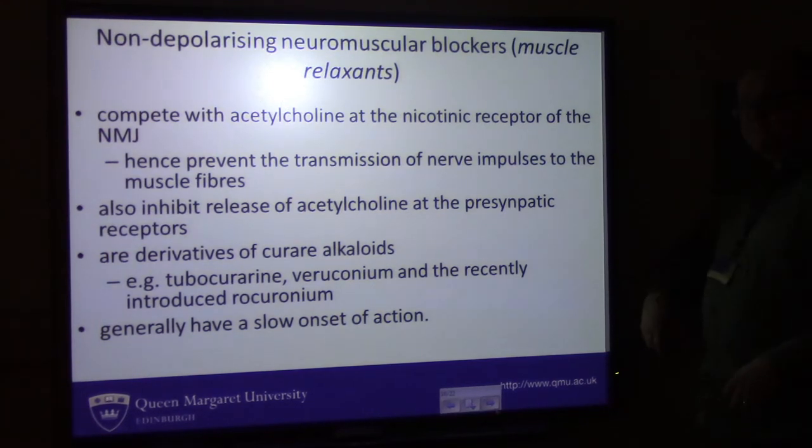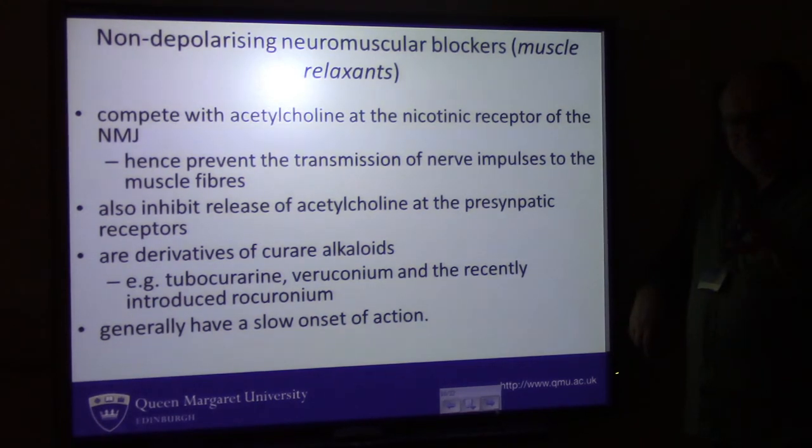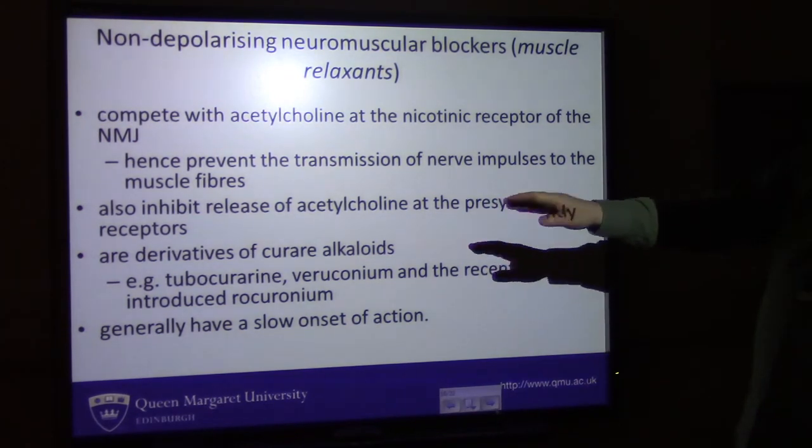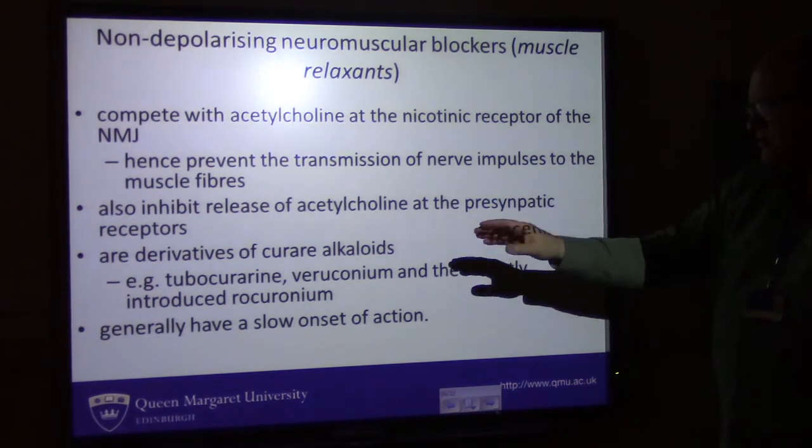These are derivatives of the curare alkaloids that we mentioned, the arrowhead poisons. These are synthetic derivatives which are developed to have a high level of specificity for the M2 nicotinic cholinergic receptor. And the examples kind of bear that out when you look at the names: tubocurarin, vericonium, rocuronium.